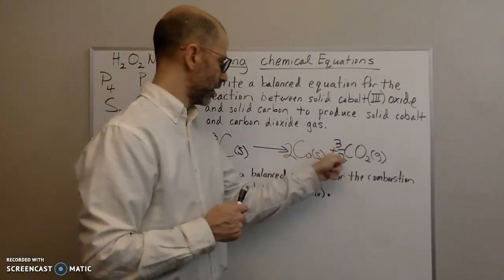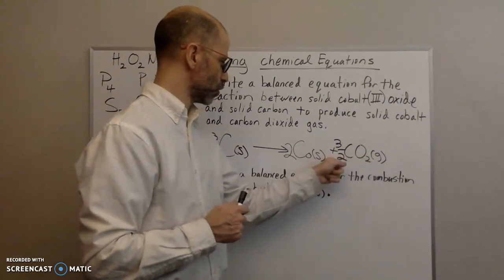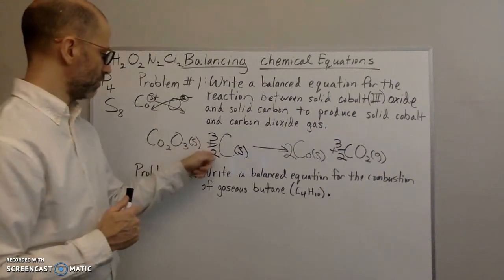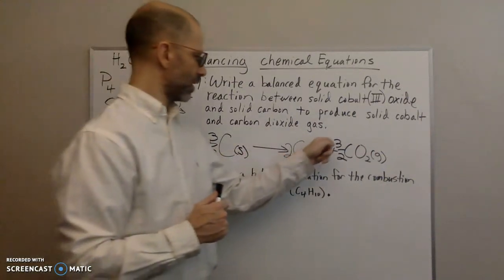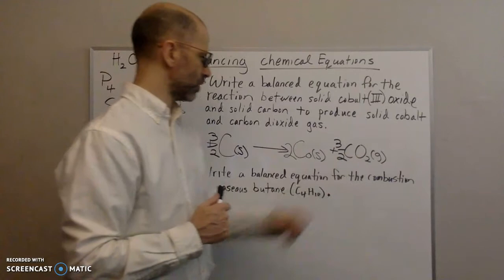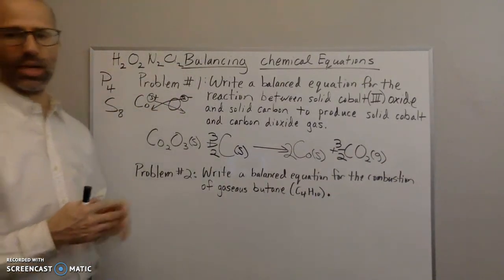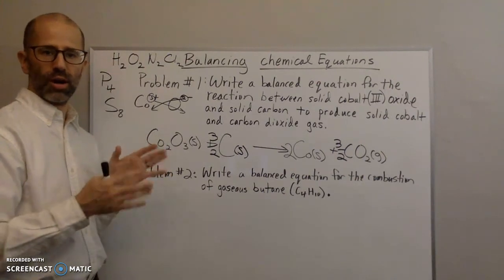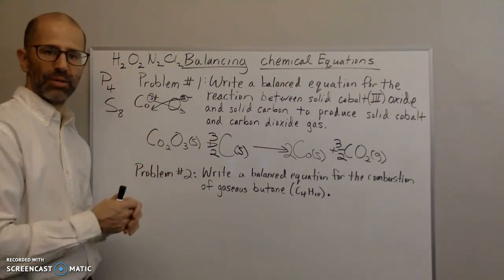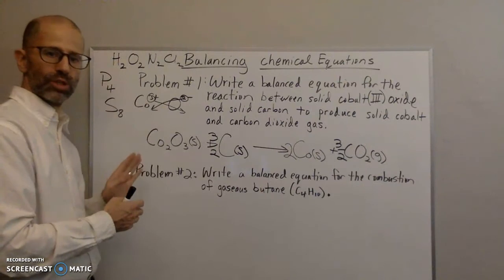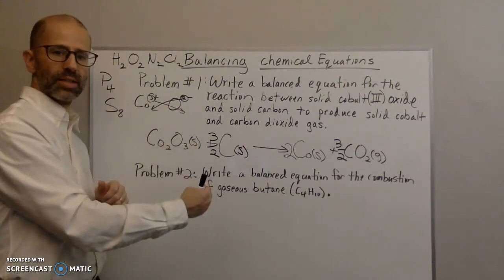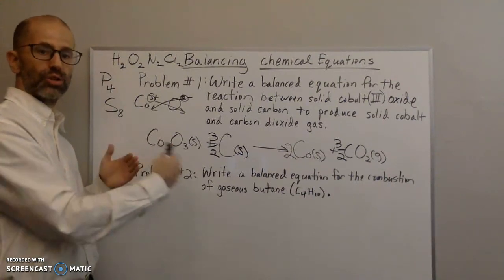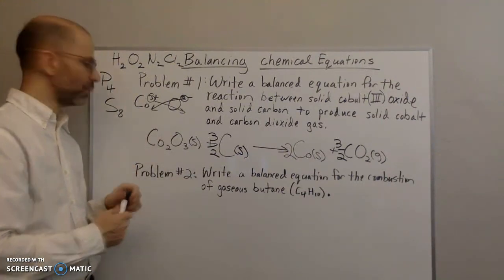And then 3/2 times 2 is 3. Okay, that's good. And then I have 3/2 times 1 is 3/2, and 3/2 times 1 is 3/2. So it's all balanced. So to double check and balance your elements, to balance the atoms, you always multiply the coefficient you have by the subscript. And that'll give you the total number due to that particular compound or element.